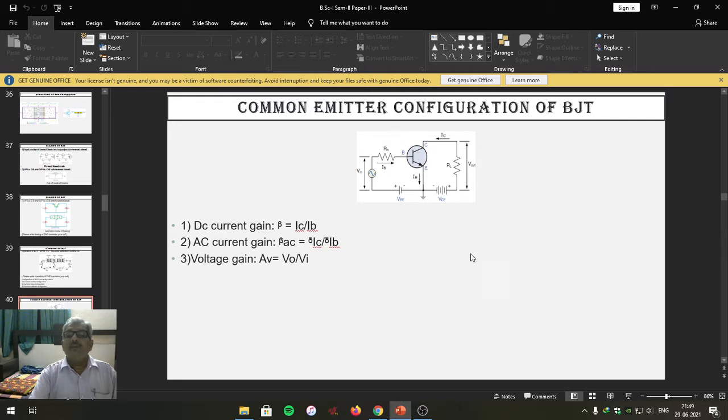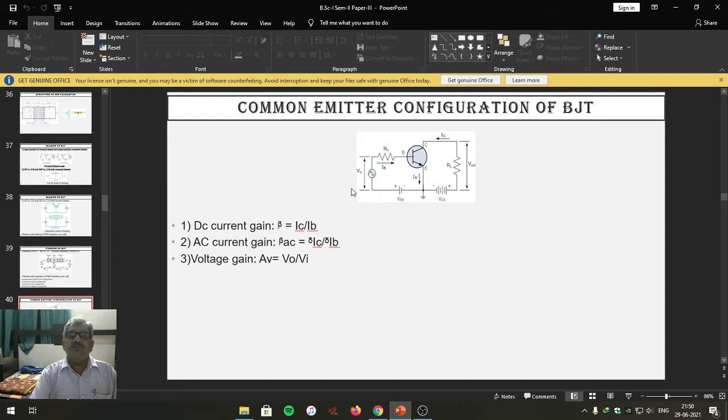Input is applied between base and emitter so as to get the output across collector and emitter. Then we can say the configuration of BJT is common emitter.